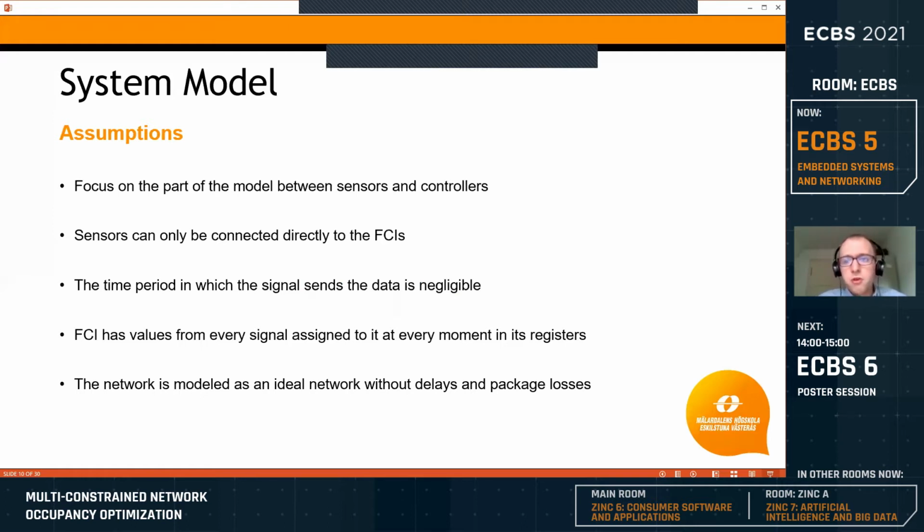The time period in which the signal sends data is negligible. FCIs at every time moment have values from every signal in their registers, and the network is modeled as an ideal network, so there are no packet losses, no collisions, no delays.